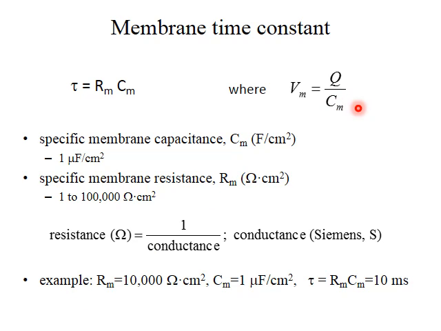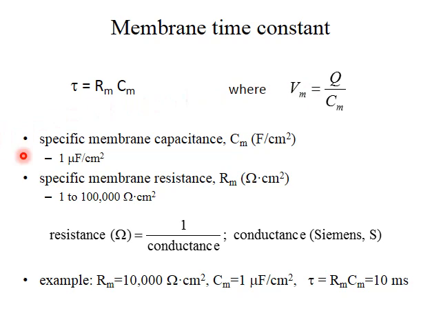So we know that the larger the charge difference between the inside and the outside of the cell, the larger the membrane potential. But the question is, what is the relation between the excess charge inside the cell and the membrane potential? That relation is given by the membrane capacitance. So if we know the charge difference, the number of excess positive or negative charges inside the cell, and we know the membrane capacitance, then we know the membrane potential of the cell.